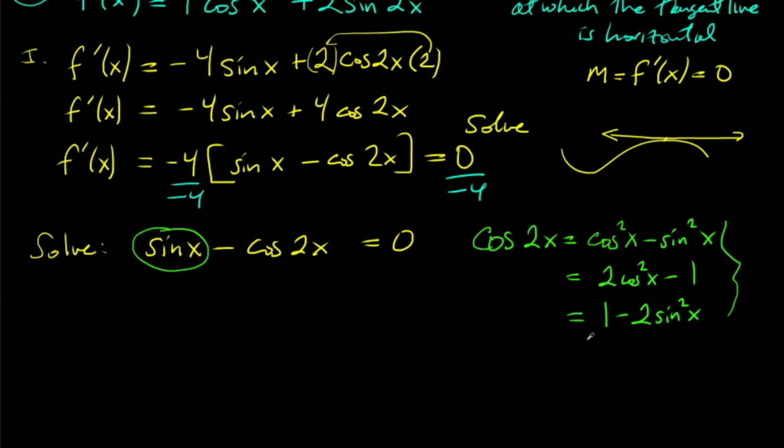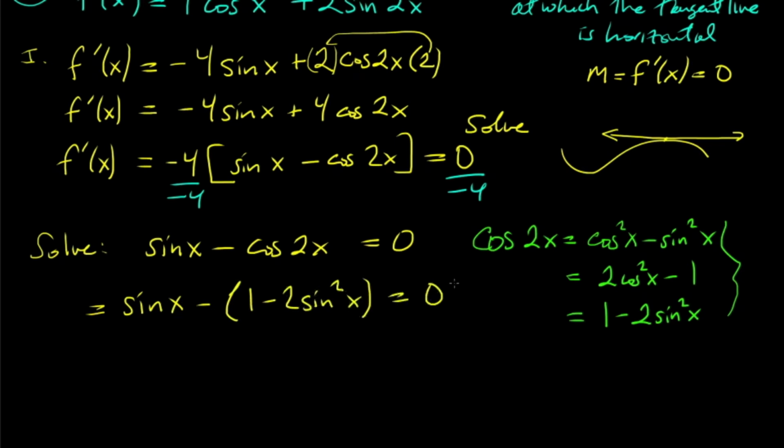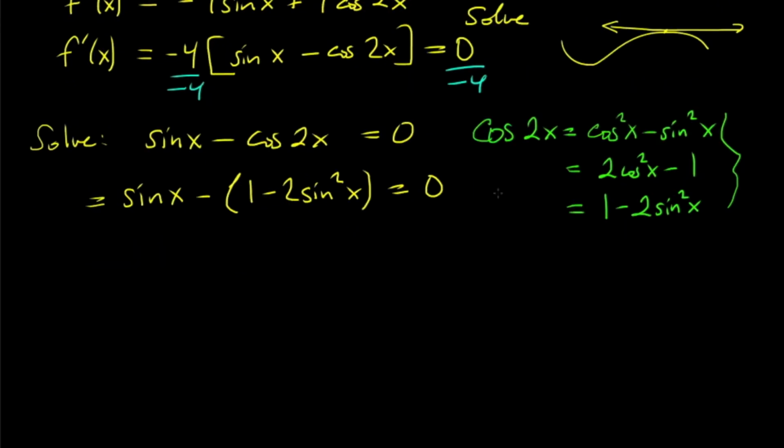So we can change everything to sine here by writing this as sine x minus 1 minus 2 sine squared x equals 0, right? And to simplify this, we're going to get 2 sine squared x, because a negative times a negative is positive, plus sine x, and then just the negative 1 here.